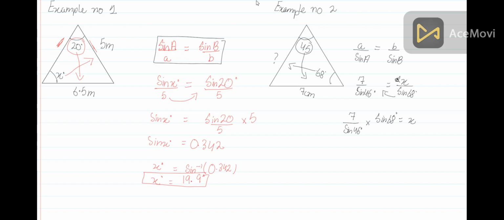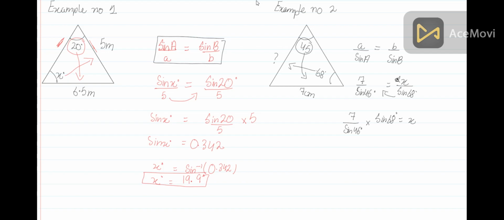Now you just have to use the calculator. 7 divided by sine 45 degree times sine 68 degree and bracket close. You will get 9.17.